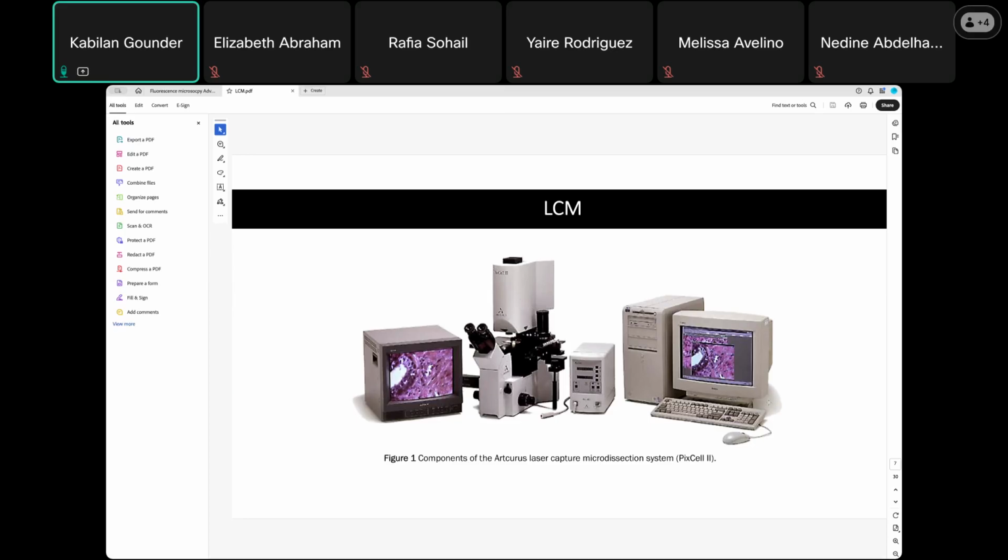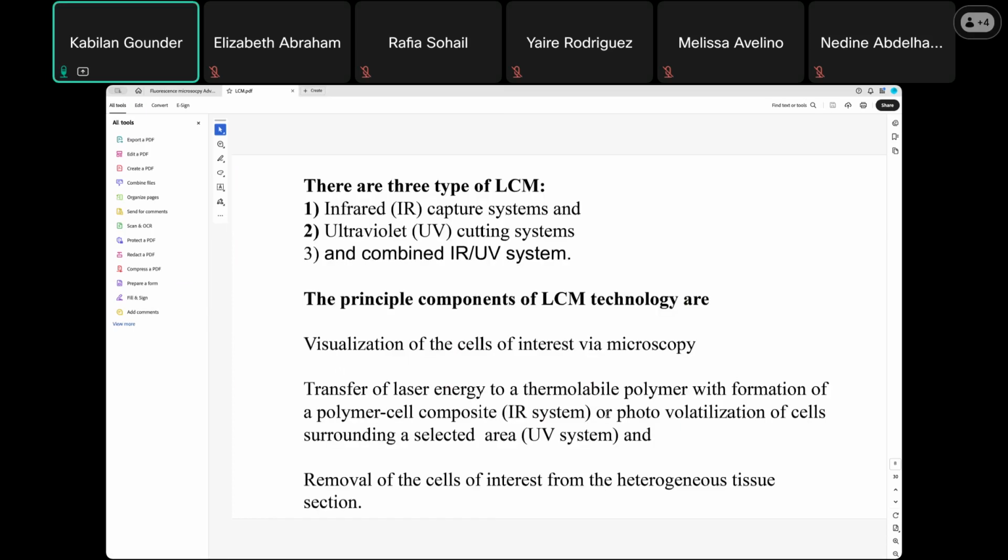The monitor we attach to this lets you monitor before and after you dissect the cells. There are three different types of laser capture microdissection microscope available: one is the infrared based system, the other is UV, or combined. These systems are commercially available.